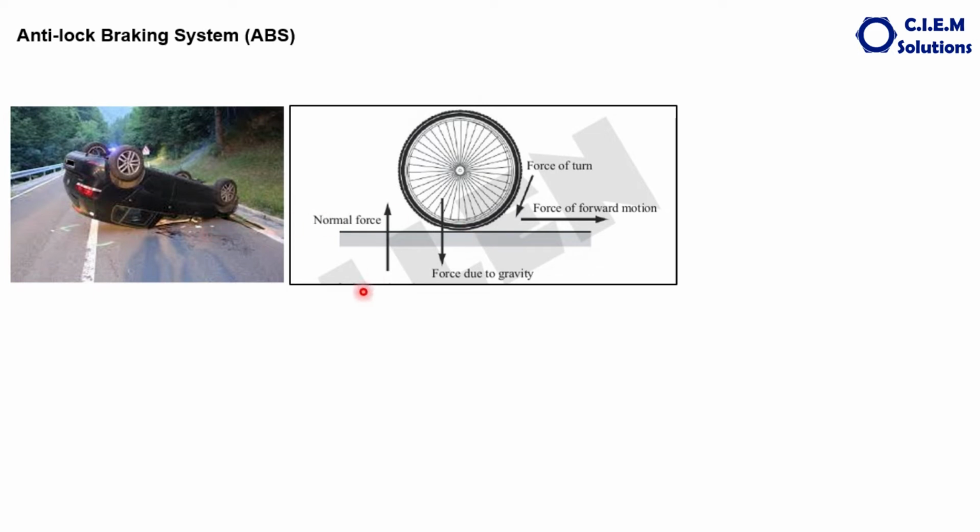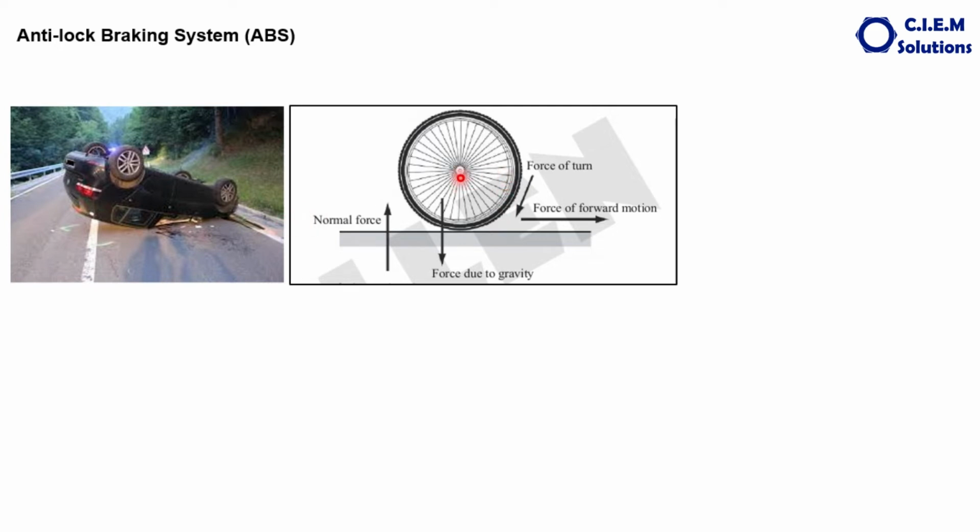Why does such toppling happen when the brake is applied suddenly? To know that, we should spend a few minutes on the motion of the wheels in a vehicle. Assume this is the tire of the vehicle and this is the road. When the vehicle is going in this direction, the wheel will rotate in this direction, opposite to the direction of travel of the vehicle. So we can understand that the vehicle wheel will have two types of velocities. One is the velocity which comes due to the rotation of the wheel on its own axis.